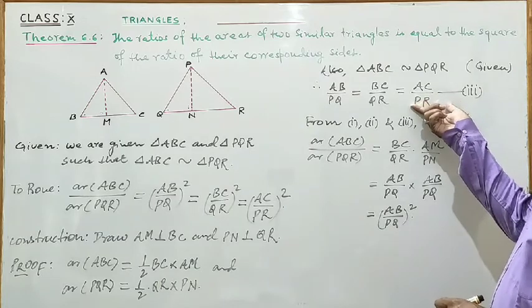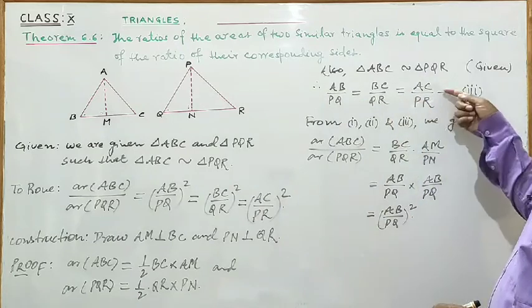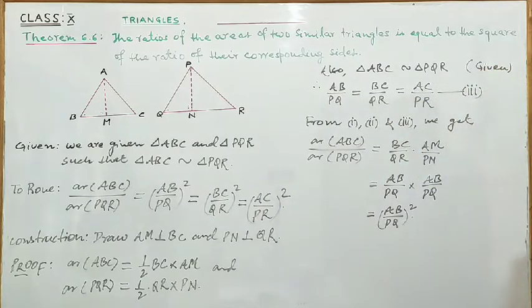Now you see equation number 3. AB by PQ is equal to BC by QR is equal to AC by PR.